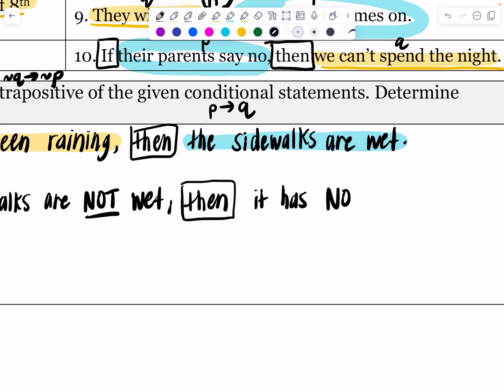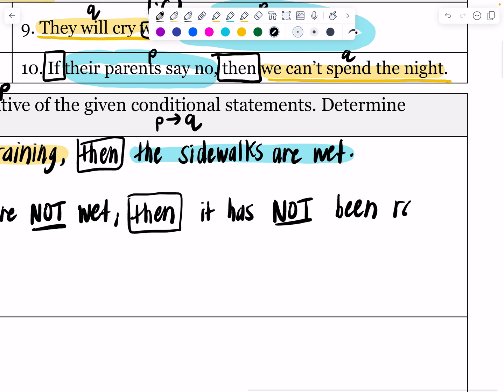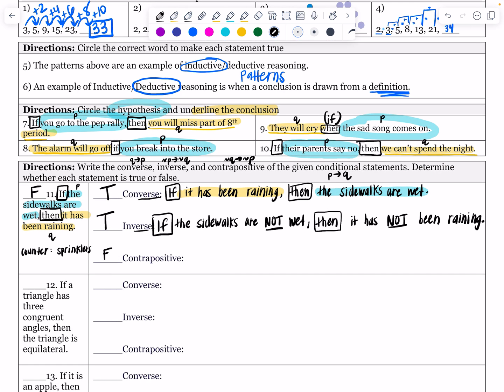And of course, we know that that is going to be true as well. The sidewalks are not going to be wet if it has not been raining. If the sidewalks are not wet, then it has not been raining. That is also true.